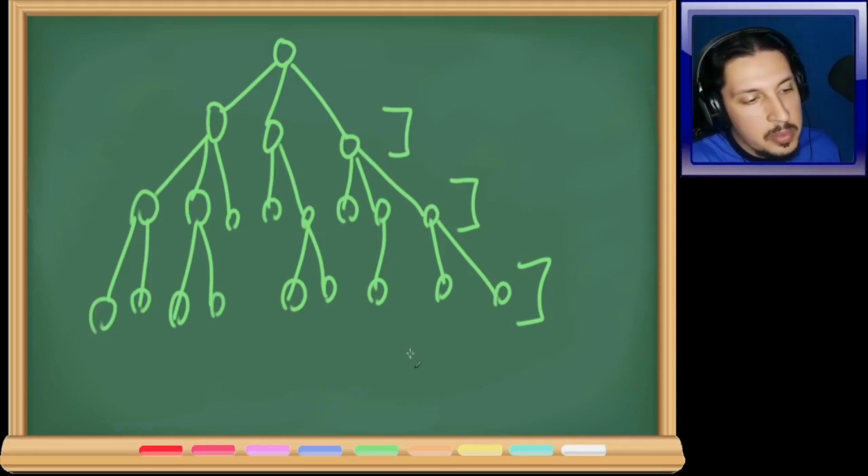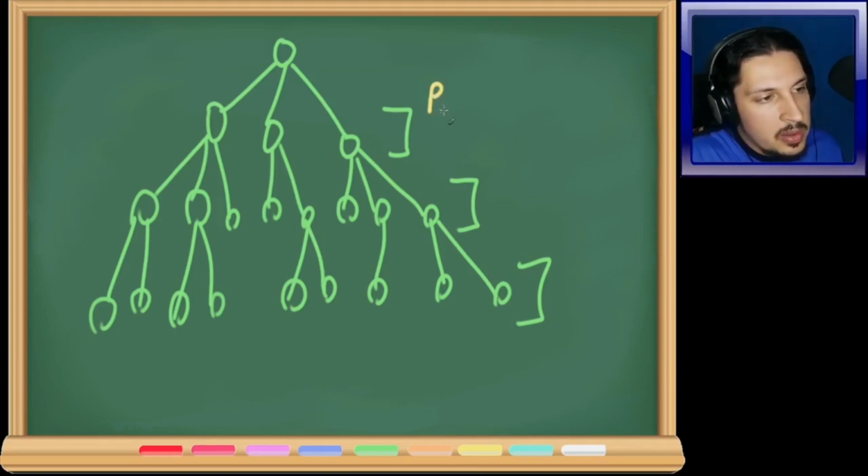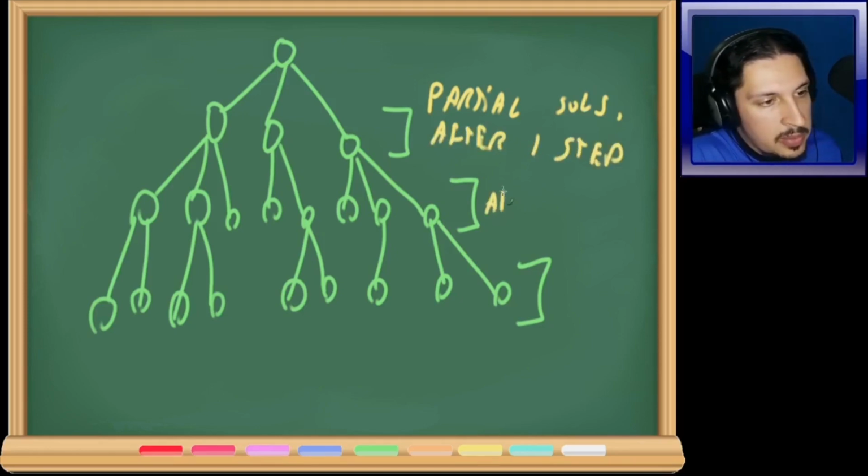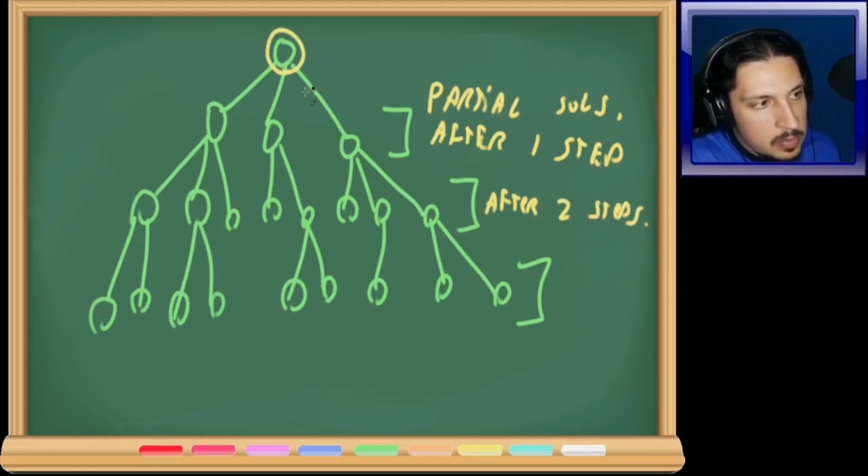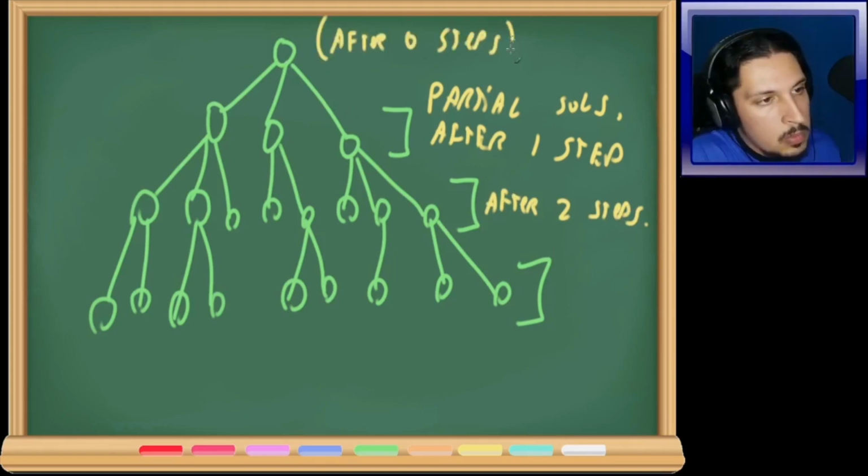Remember that every backtracking involves creating the solution step by step. So the first level will have all the partial solutions after one step. The second level we have the partial solutions after 2 steps, and so on. That is why the root is the initial empty solution. We have not taken any steps, we have not started yet, and that's the initial situation.